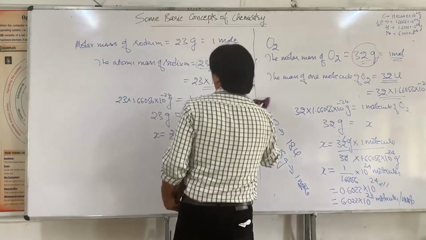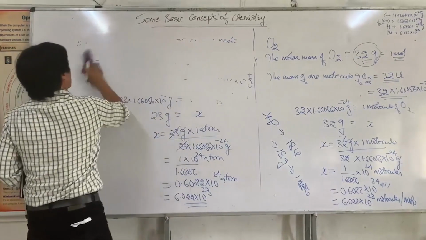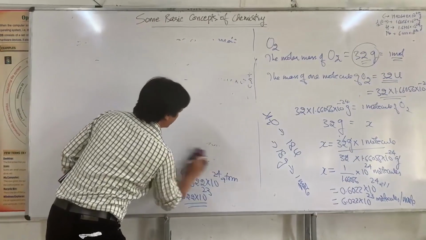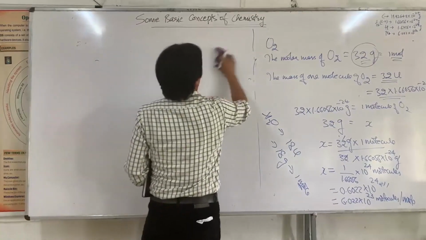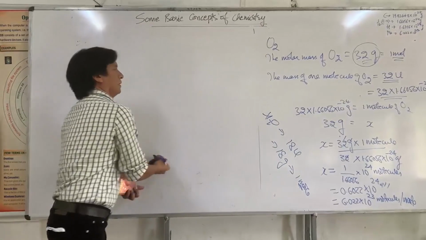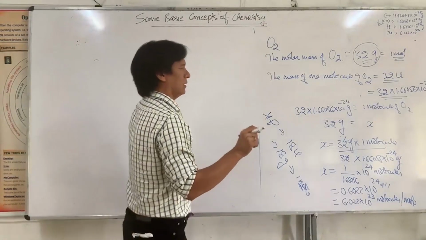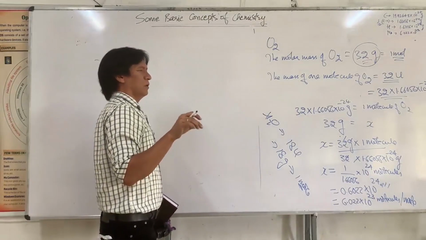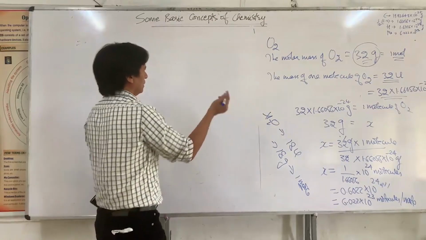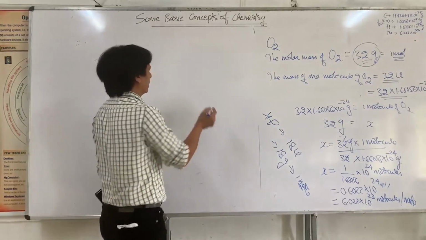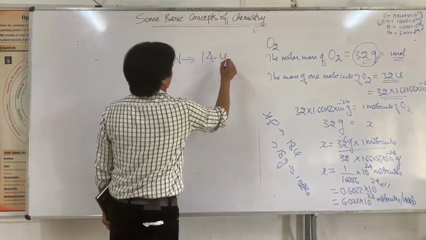Now we shall work out some numericals or problems based on what we saw just now. The most important thing here is to know how one can get the mass of an atom of an element in grams. One example: you know that the atomic mass of nitrogen is 14 unified mass.